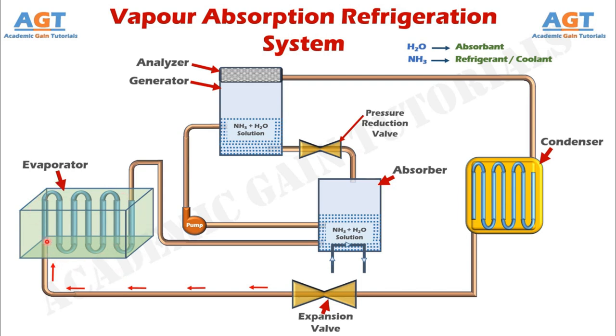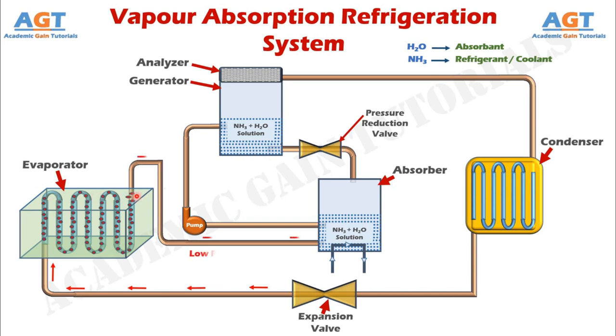By absorbing all the heat from the surrounding region of the evaporator coils, this cold chilled liquid ammonia will turn into low pressure ammonia vapor inside these coils, and the surrounding surface of the evaporator will become cold by losing the heat to this liquid. Thus the cooling effect or refrigeration effect has occurred in the evaporator.